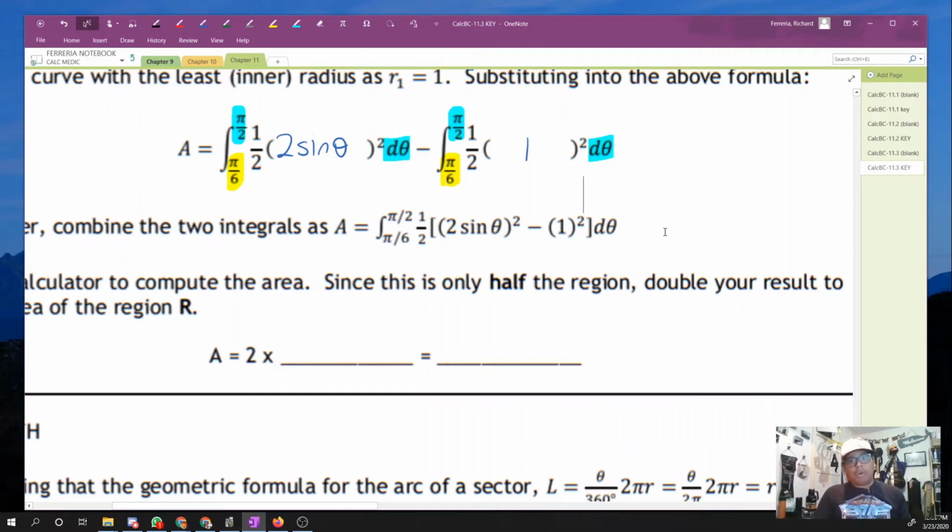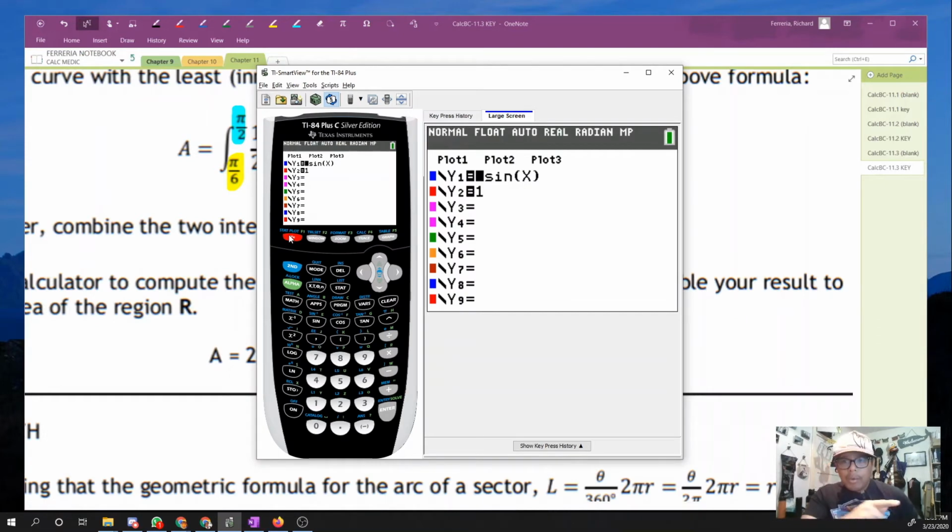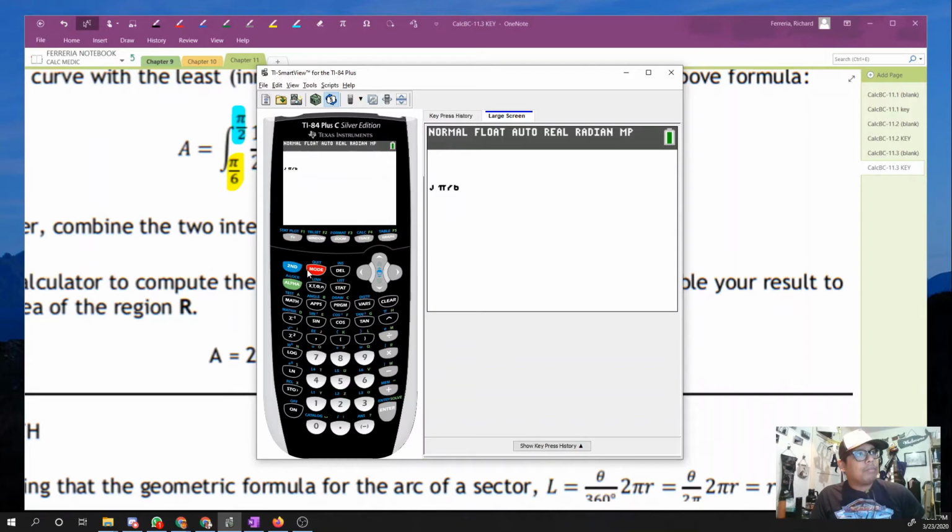So we're going to grab a calculator, and we're going to do all of this. Grab your calculator. No need for you to be in polar mode. Just chuck those radius functions into y1 and y2. Come over to the home screen.